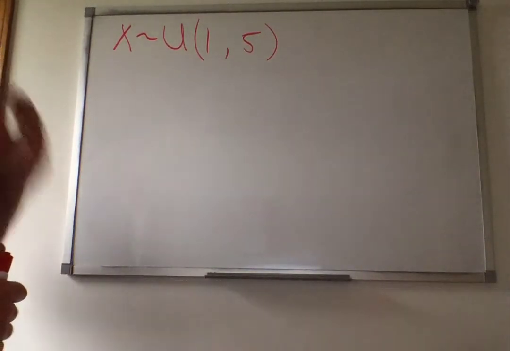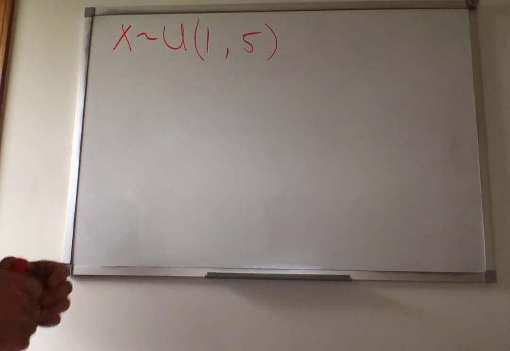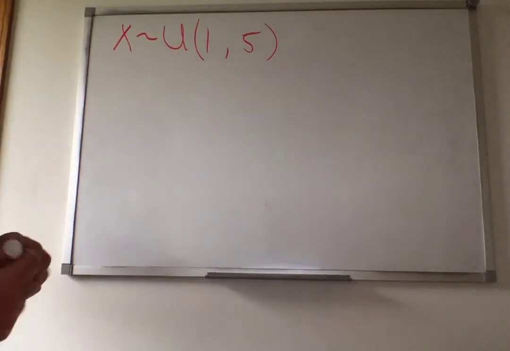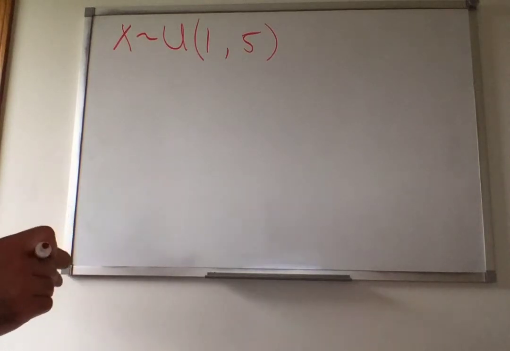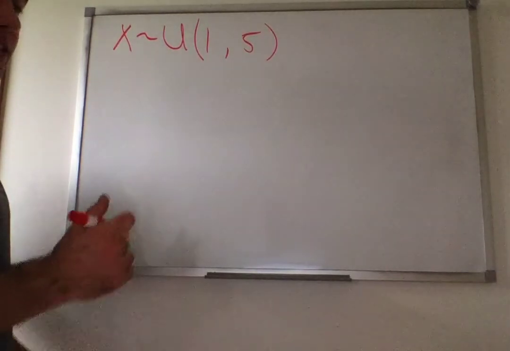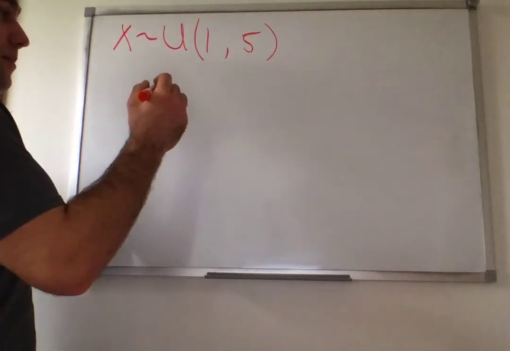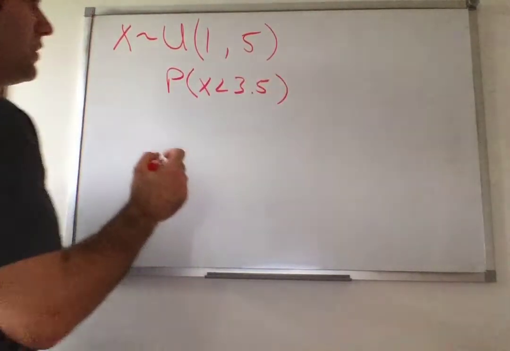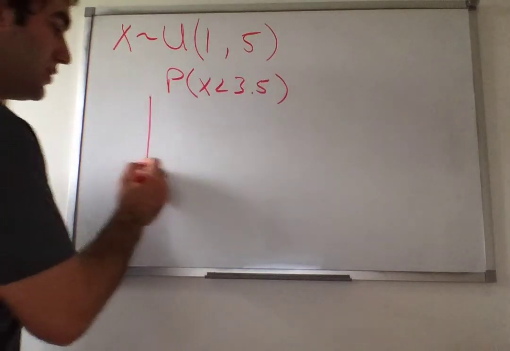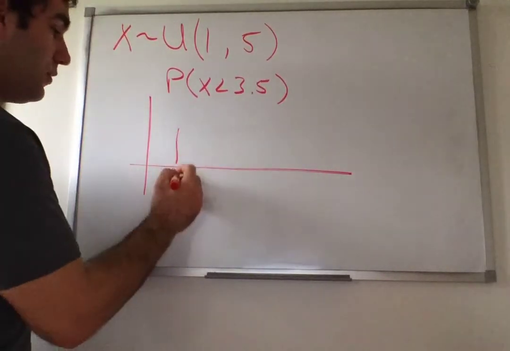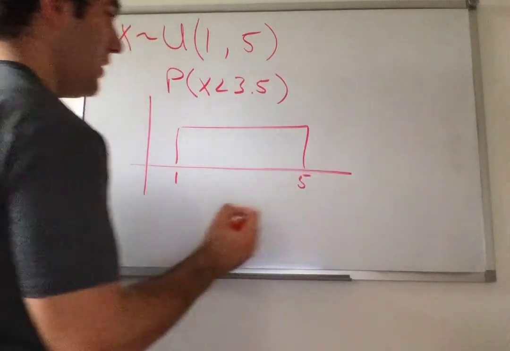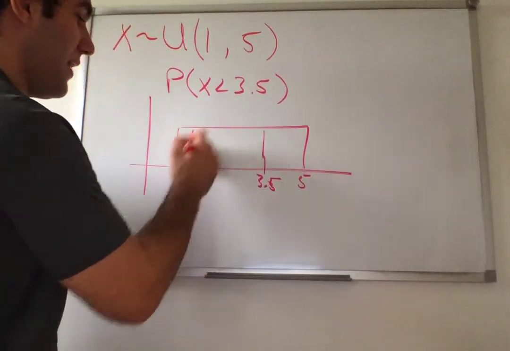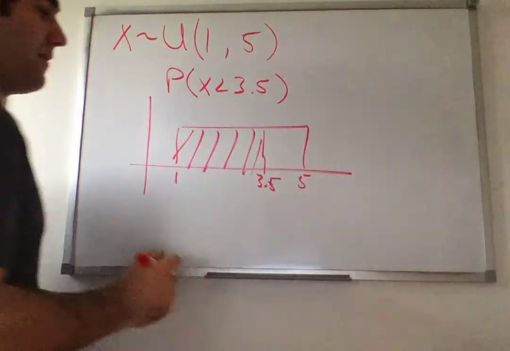There's a difference here. When you're asking about an individual from a sample, you're going to use the original distribution. Okay, so if we wanted to really answer this question, find the probability that x is less than 3.5, here's our normal distribution from 1 to 5. 3.5 would be somewhere right there, and we'd have to find the area, we'd have to find f of x.